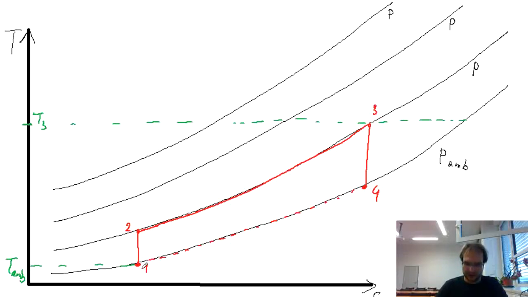Now when the pressure ratio is increasing, let's have it for example in blue color, so the compression goes further up, and you can see that in the TS diagram the cycle is getting higher and not so narrow.